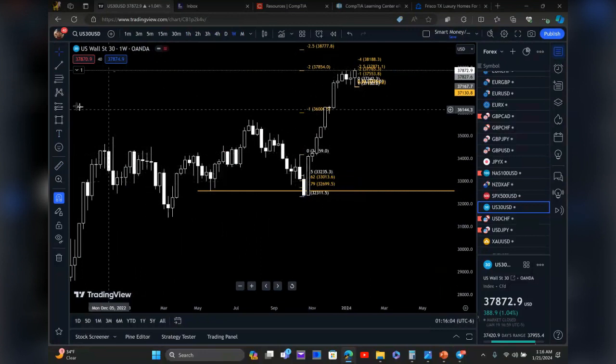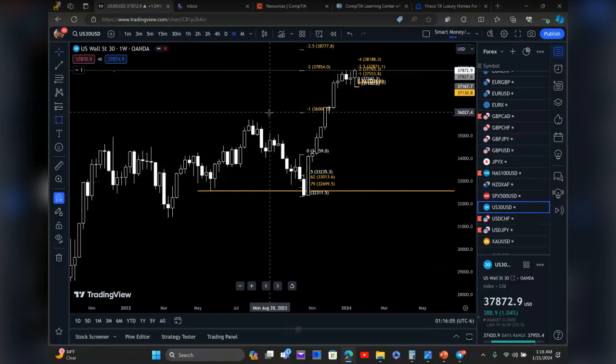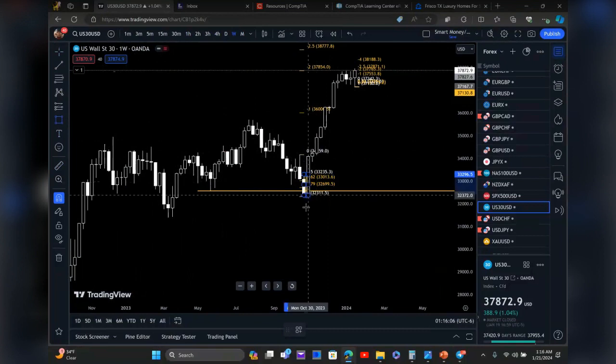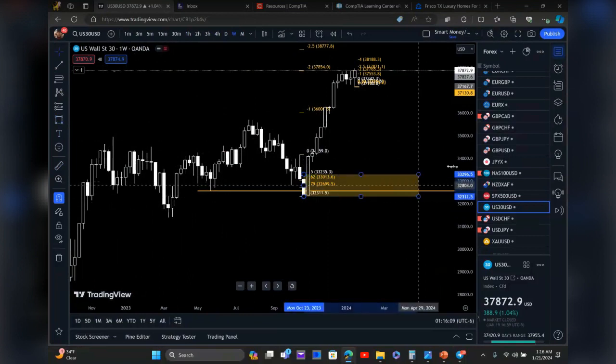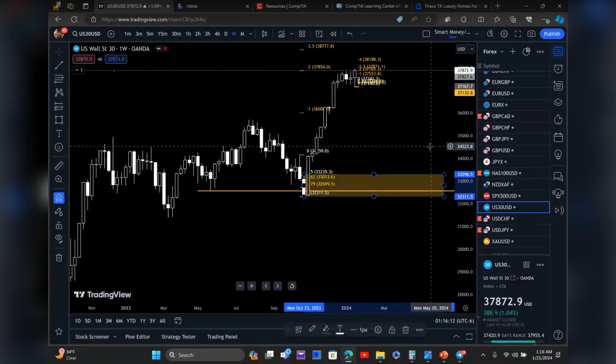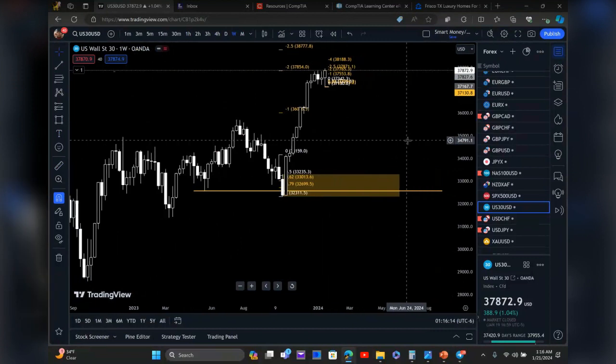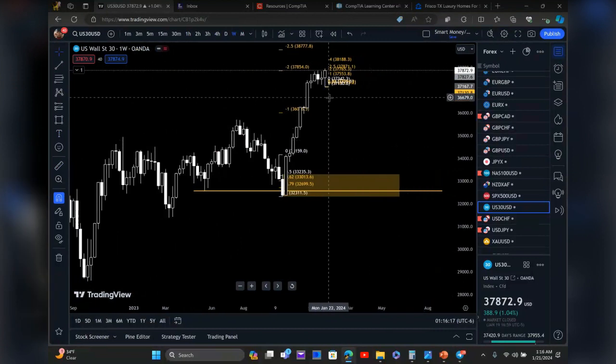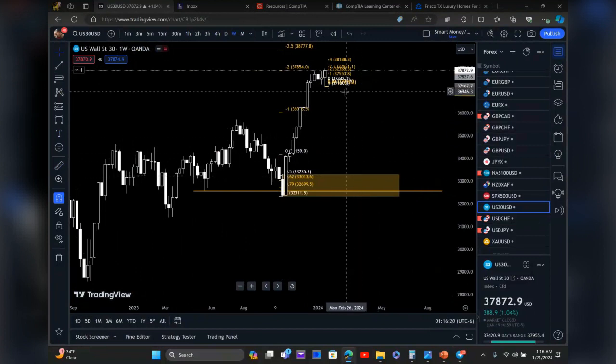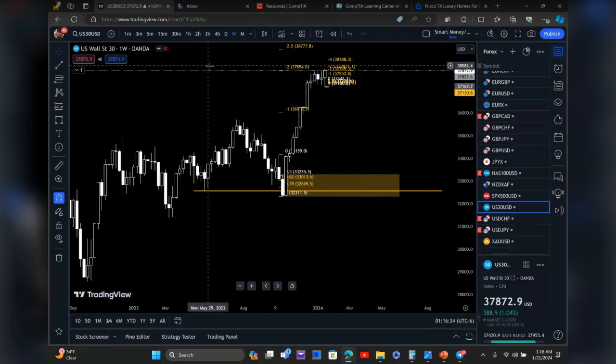All right. So on a weekly order block, we got that fair value gap. So it perhaps could come all the way back down to here. And then once it comes back down to here, see what happens.